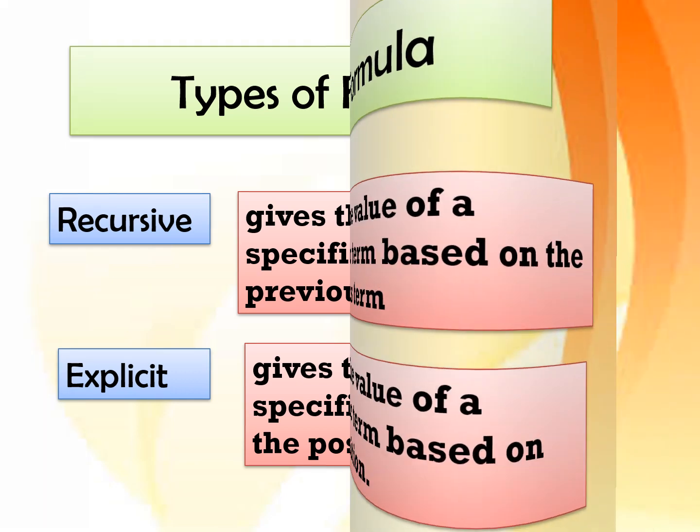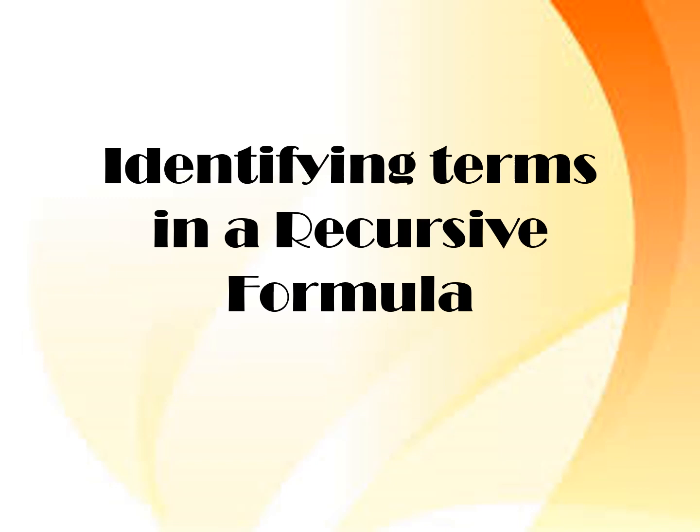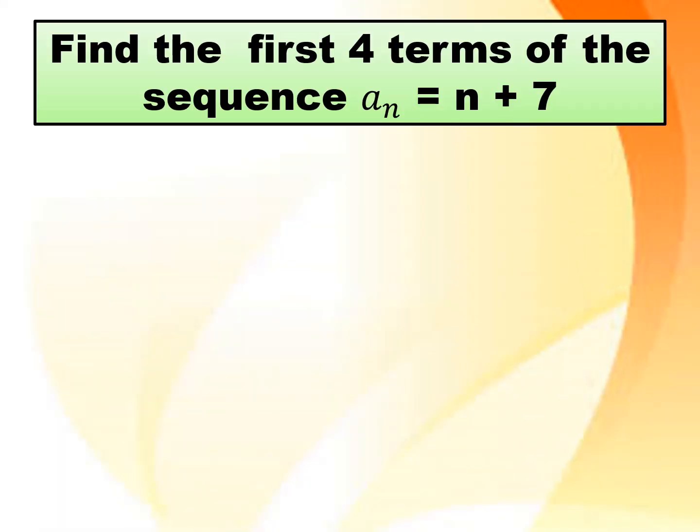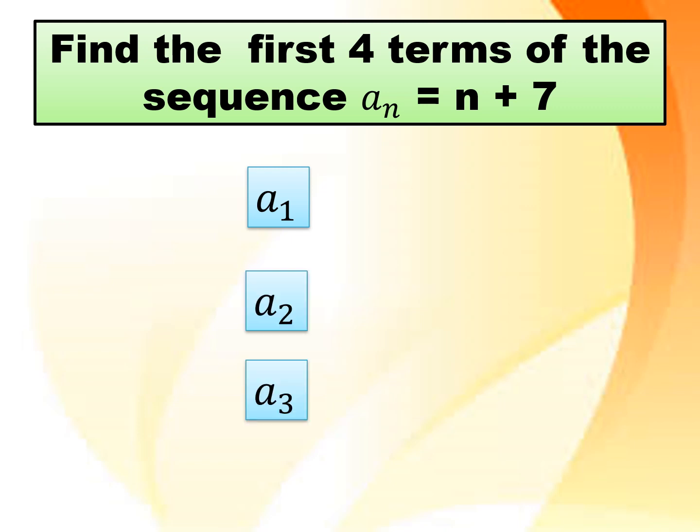For now, let us identify terms in a recursive formula. Find the first four terms of the sequence a sub n is equal to n plus 7. Since we are going to find the first four terms, we may then have a sub 1, a sub 2, a sub 3, and a sub 4.